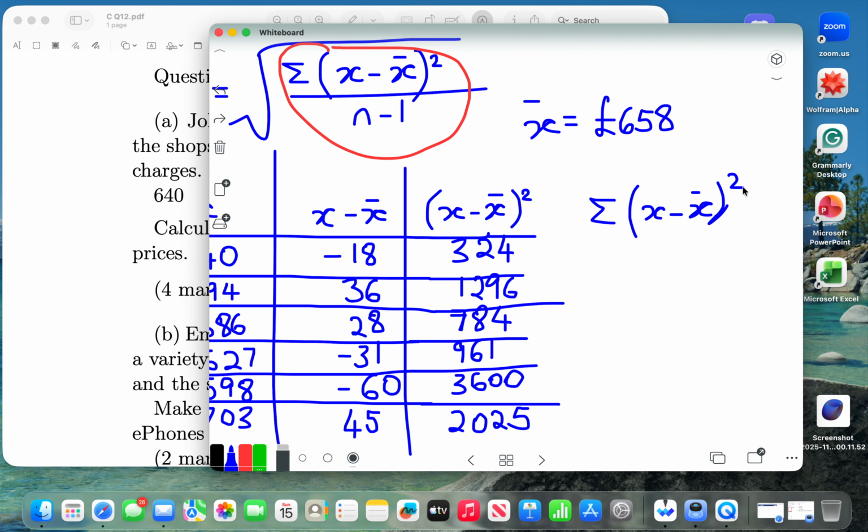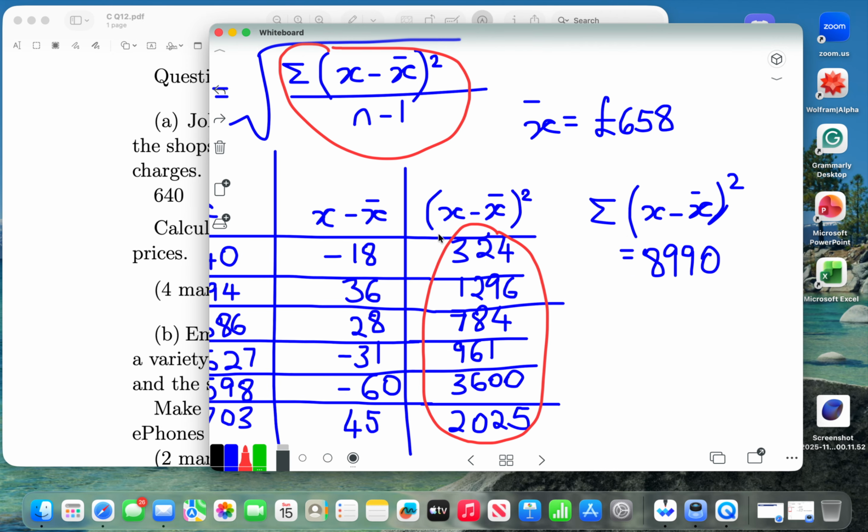So I'm going to then add up all of these. Again, never do this by hand or mentally. You absolutely want to use the calculator for this. And we get the value of 8,990. And just to be clear, it is these values we're dealing with, so we add up all of these.